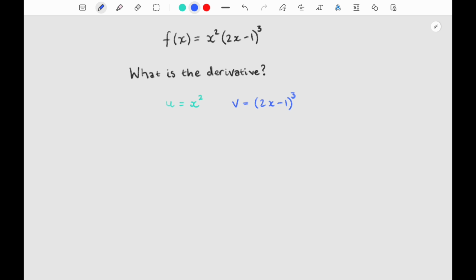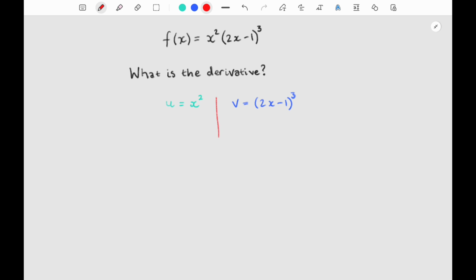Now for the method, you can prove it in a different video if you want, but it's a method that we use to deal with such a situation. It requires us to have the derivative of those first two functions. So for u equals x squared, we need to find the derivative u dashed.